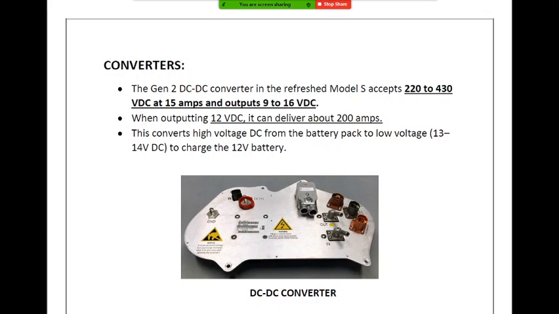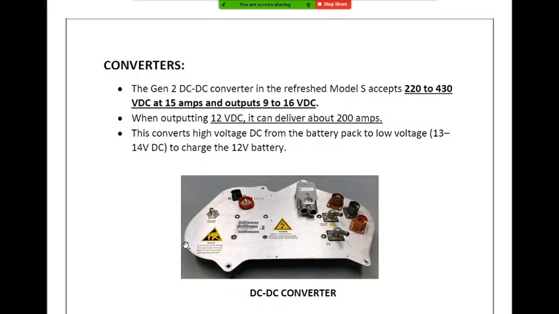And the converter is also used for charging the 12-volt batteries. The 12-volt battery is mainly used for powering the auxiliary applications, which are the wipers, the seat adjustment motors, the steering system, infotainment, and so on. So for that, the converters are mainly used.